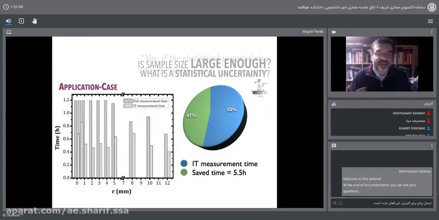So I could measure, for example, double my conditions or double the experiments. So what I found is that the information theory approach, from the experimentalist's point of view, will help you to have quality in your measurements because you are able to evaluate whether or not you have enough information.